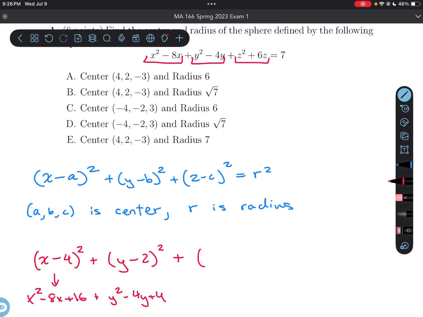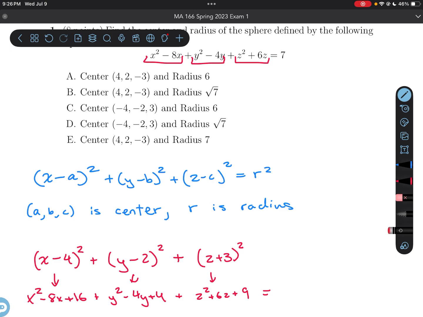Then we do the same thing for z. We get z plus 3 squared. If I expand that out, I get z squared plus 6z, the same as the expression in the problem, plus 9. Now we need to find the constant on the right-hand side.